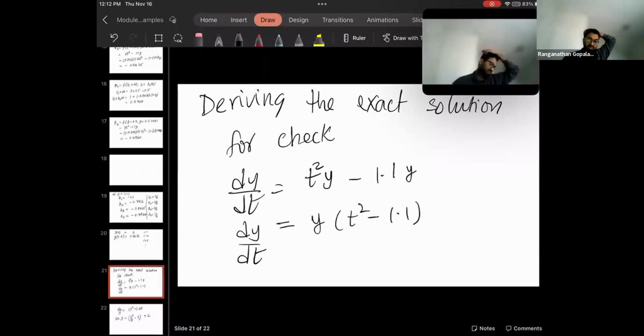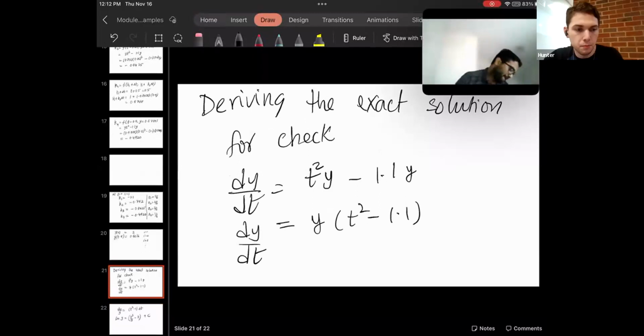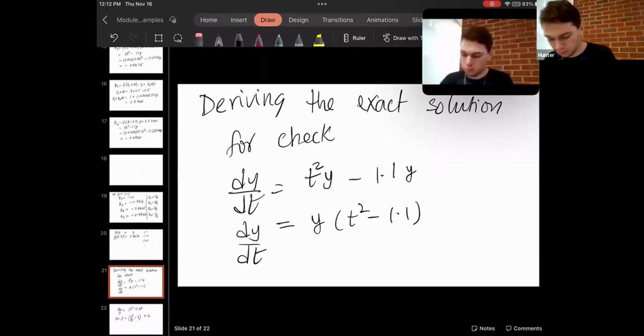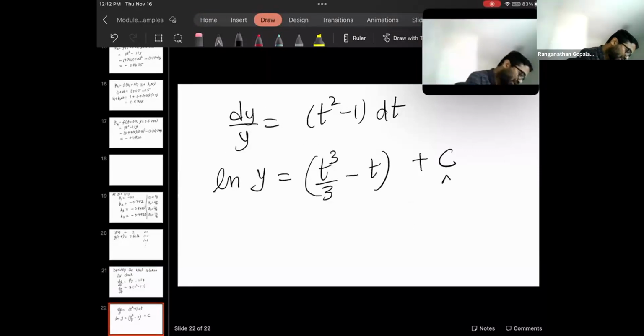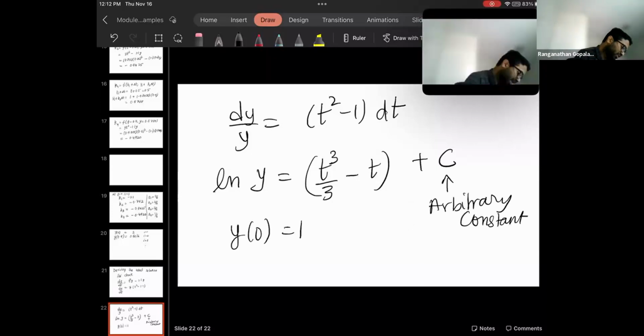Yes. So here's your solution, which has an arbitrary constant. You know this from your differential equations class. Arbitrary constant, which you can evaluate using the initial condition. Recall that y of 0 is 1, which implies when t is 0, y is 1, and logarithm of 1 is 0.